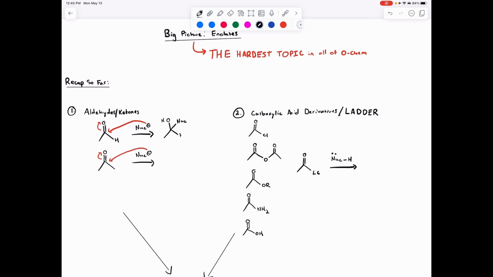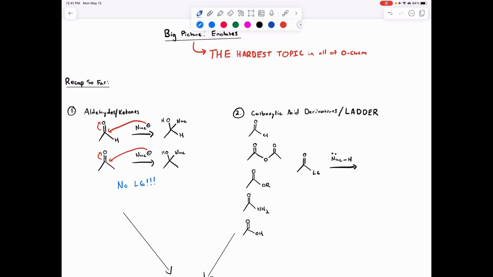Not every single time, but when a nucleophile attacks an aldehyde or ketone, you get something that looks like these right here. And the reason why, like we've talked about before, is because aldehydes and ketones do not have a leaving group. So since there's no leaving group, you can't kick anything out. So the consequence of these reactions is usually something that looks like this or a variation of that.